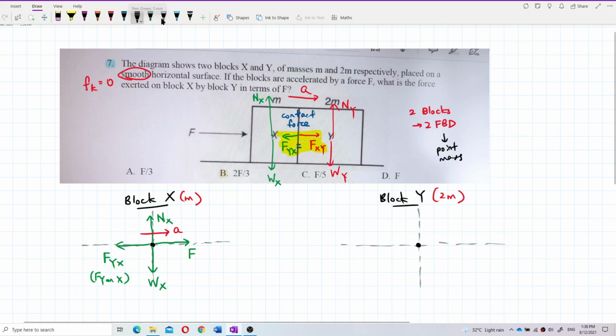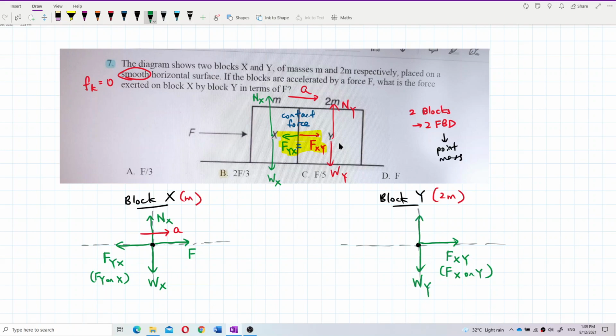This one is Fxy, that means this is Fx on y. Block x pushes y, Fx on y. And then we have the weight of y, and also the normal force of y. And then we have the acceleration forward.